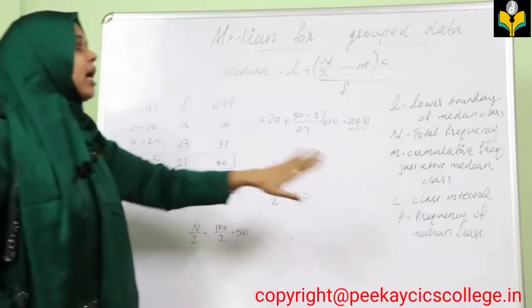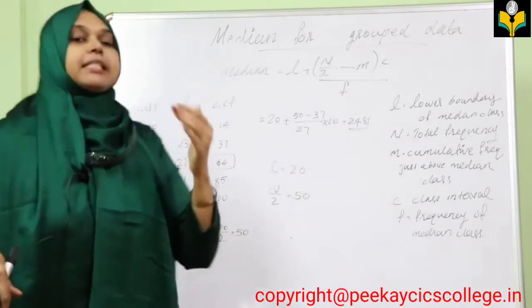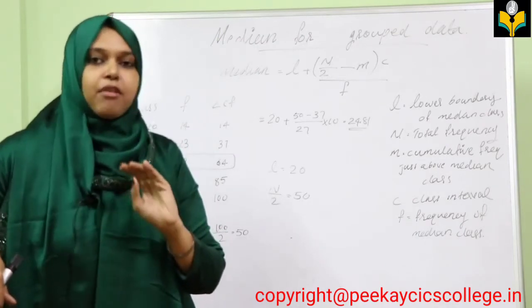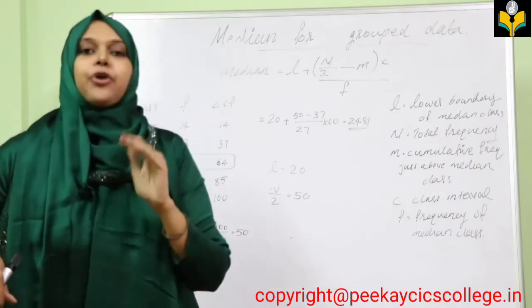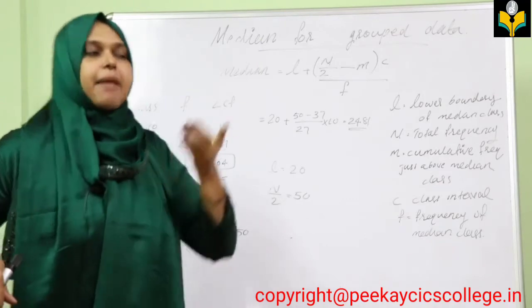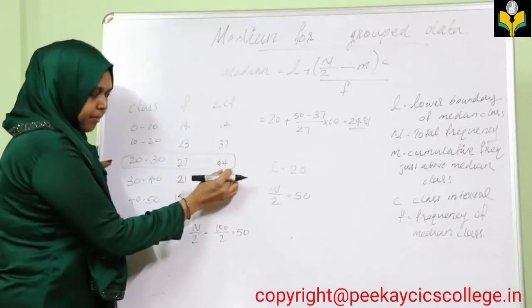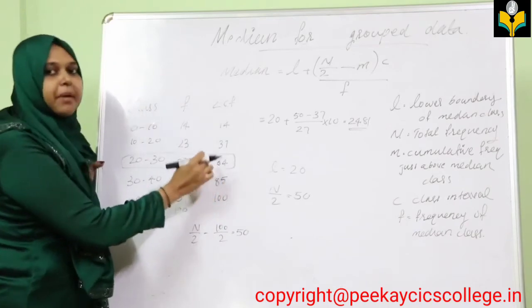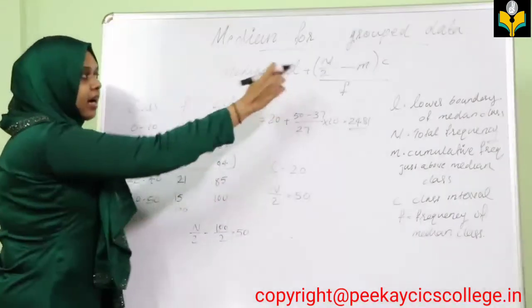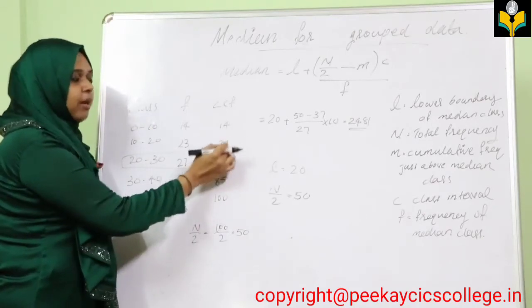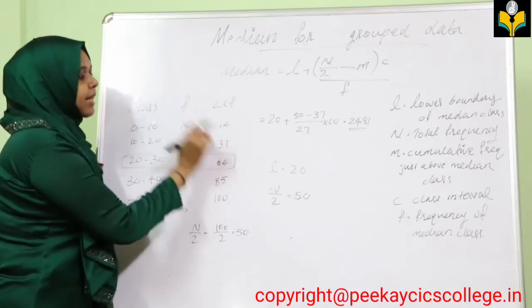Now the next term is M. M is the cumulative frequency just above the median class, not the cumulative frequency of the median class. This is our median class and this is its cumulative frequency, but our M is the cumulative frequency just above the median class, that is 37.